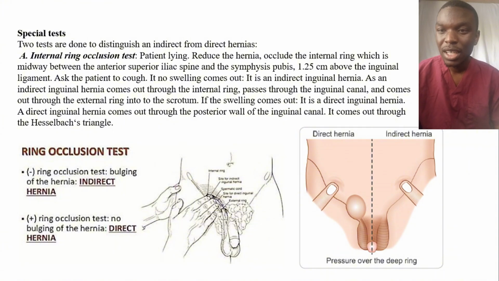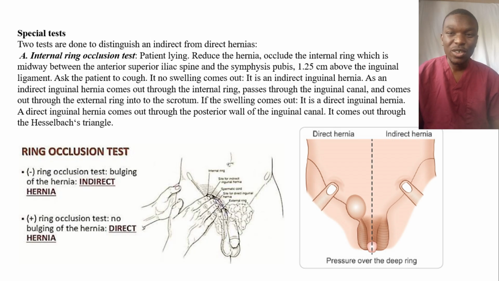The patient will be lying supine in bed, then you reduce the hernia and occlude the internal ring, which is midway between the anterior superior iliac spine and the symphysis pubis, 1.5 centimeters above the inguinal ligament. And then you ask the patient to cough. If no swelling comes out, it is an indirect inguinal hernia.